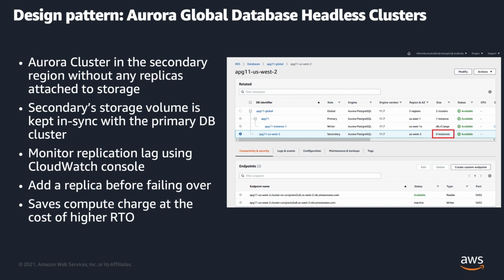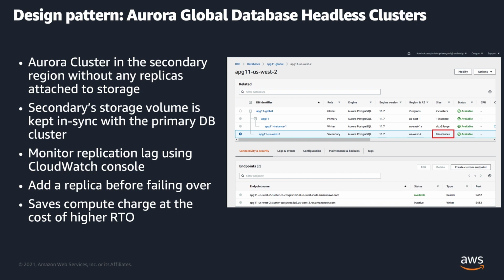Aurora will replicate log records to Aurora storage in the secondary region to keep it in sync. And you can always add a replica before failing over whenever you need it. So this way you save compute costs at the expense of a higher RTO, because although short, it takes that additional time to create that compute node when you want to fail over to the secondary region.